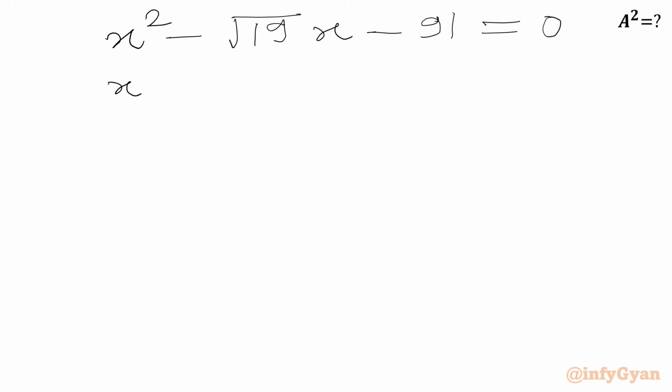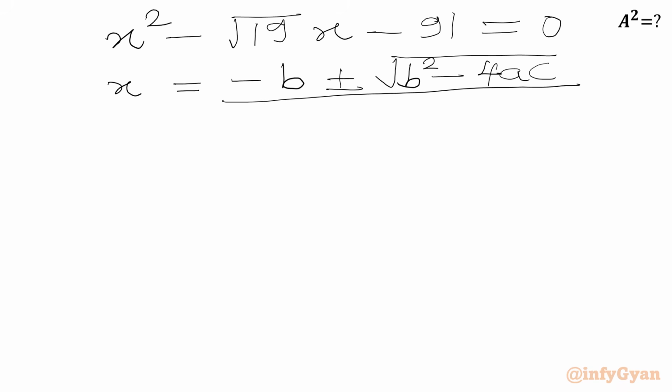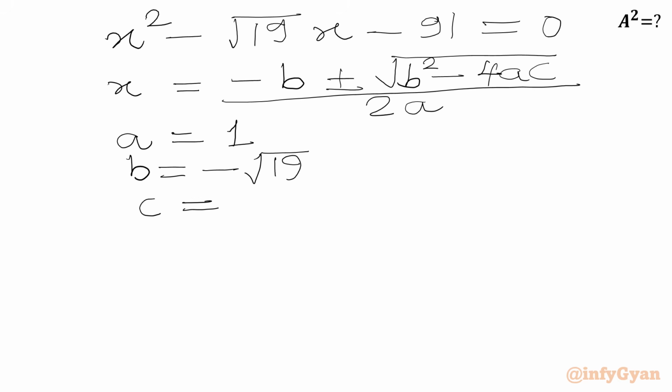We write x equal to minus b plus minus square root of b square minus 4ac over 2 times a. Here a is the coefficient of x square, value is 1. B is the coefficient of x, value is minus square root 19. And c is the constant, which will be equal to minus 91. We are going to get two x values or two roots.